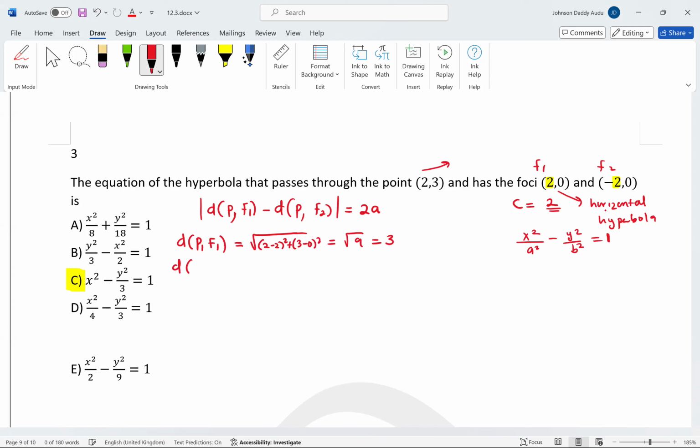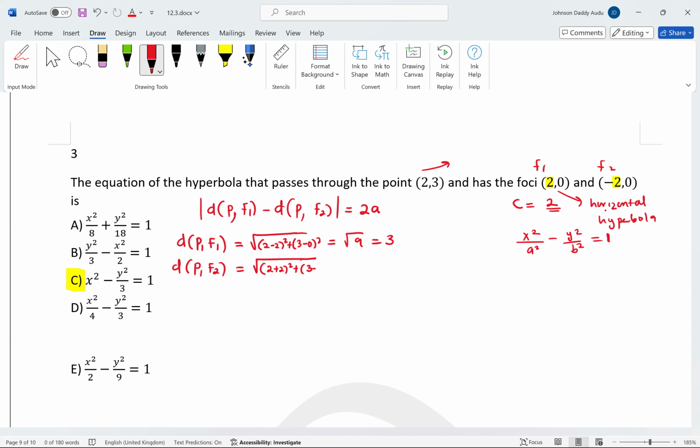And also, if you find the distance of the point from your second focus, it is going to be 2 minus minus 2, so it's going to be 2 plus 2 squared plus 3 minus 0 squared.